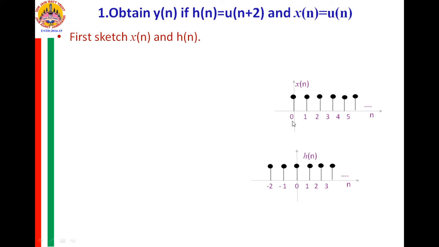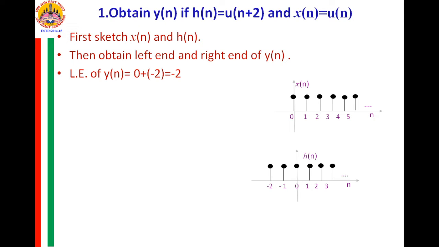If you observe here, the left end of x of n is 0 and the left end of h of n is minus 2, whereas the right end of both of these is infinity. Then the left end of y of n is equal to the left end of x of n plus the left end of h of n, that is minus 2, and the right end of y of n is infinity.